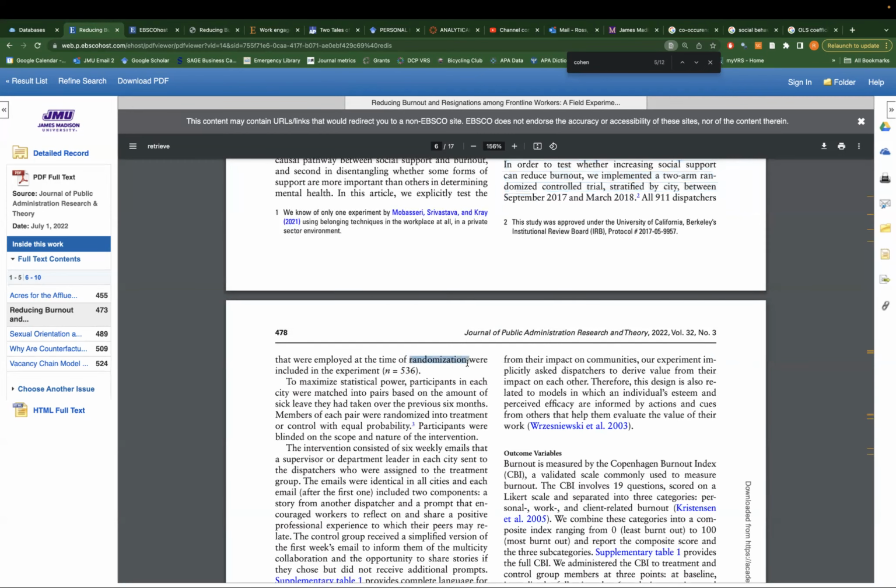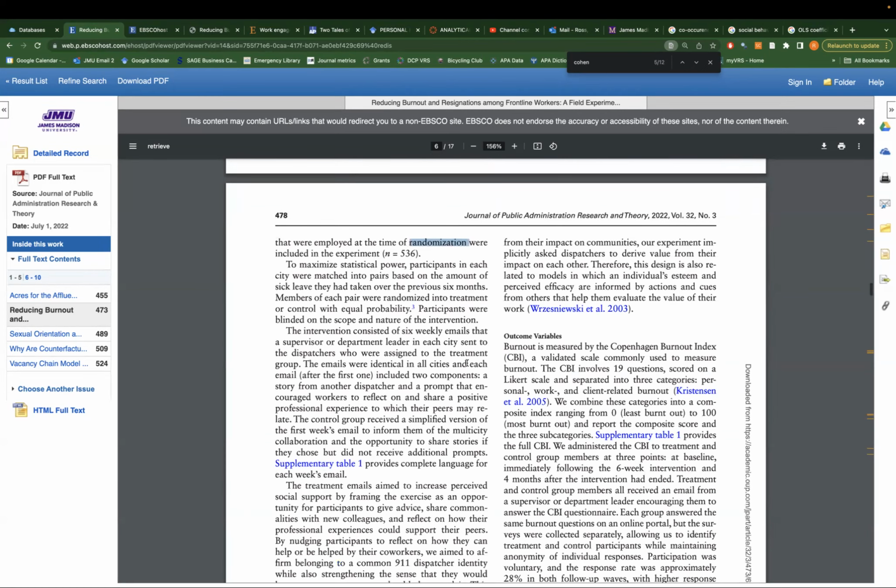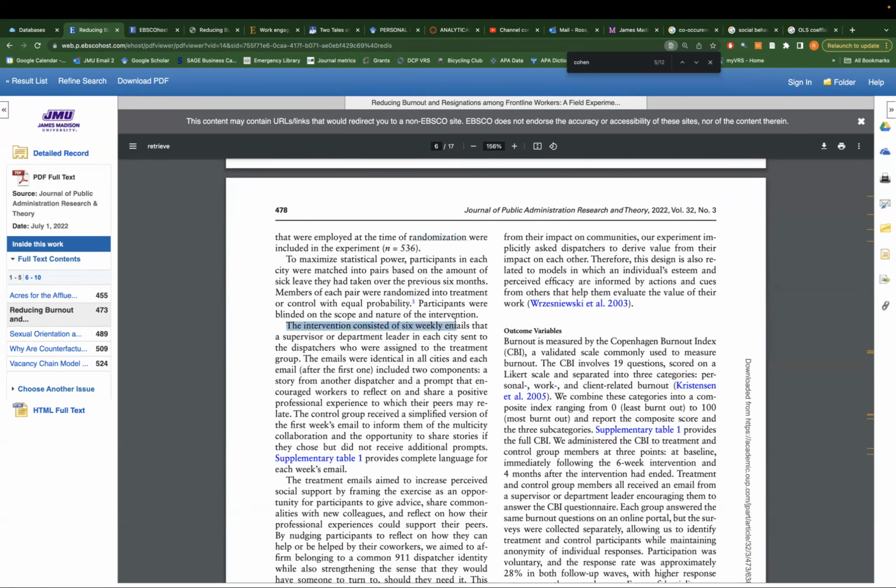The beauty of this study is that they randomized people into a treatment group and a control group. The treatment group got the intervention that is supposed to reduce burnout. Here they describe it. They have 6 emails sent from a supervisor or department leader, and there are 2 parts designed to improve social support.